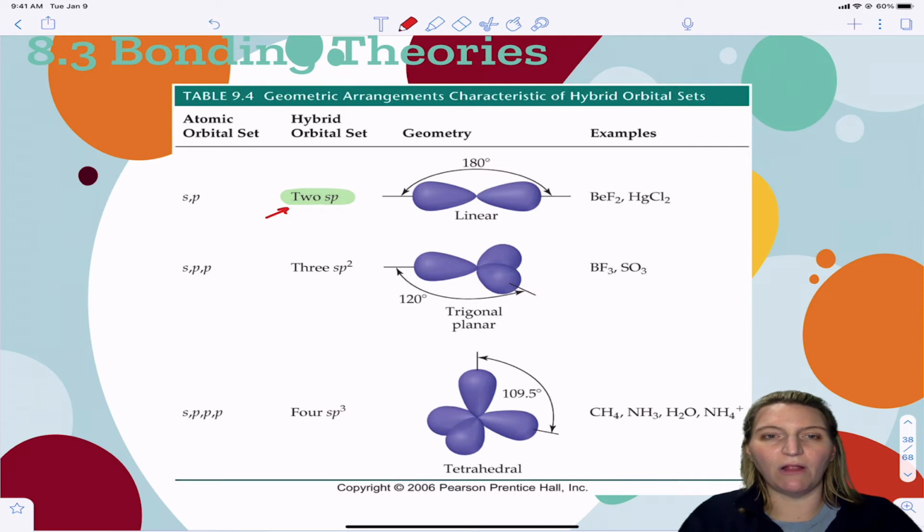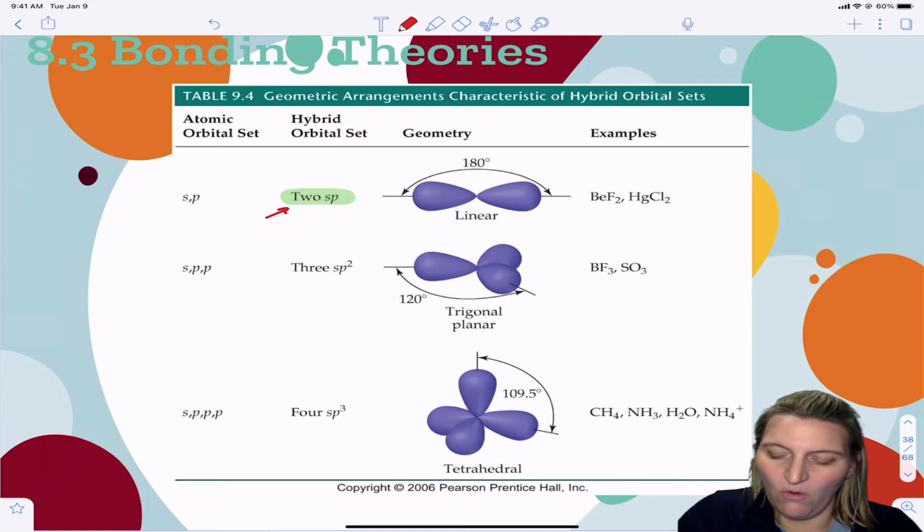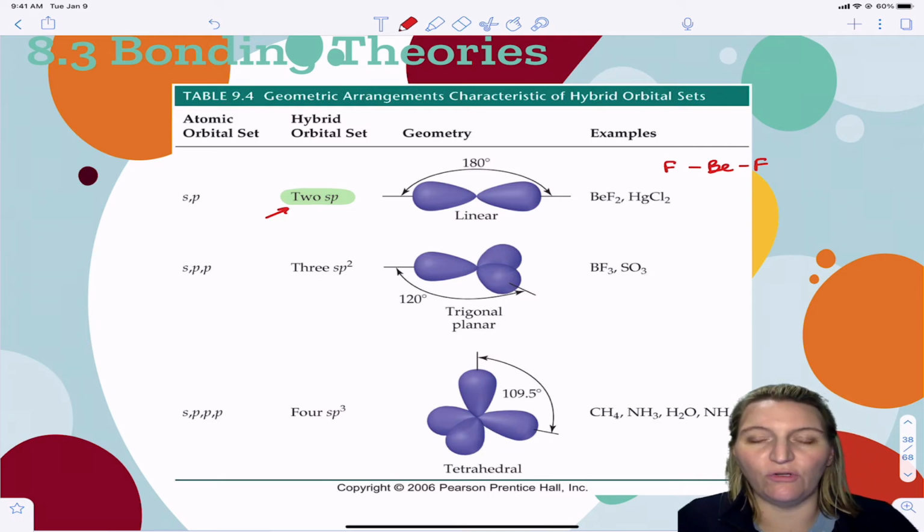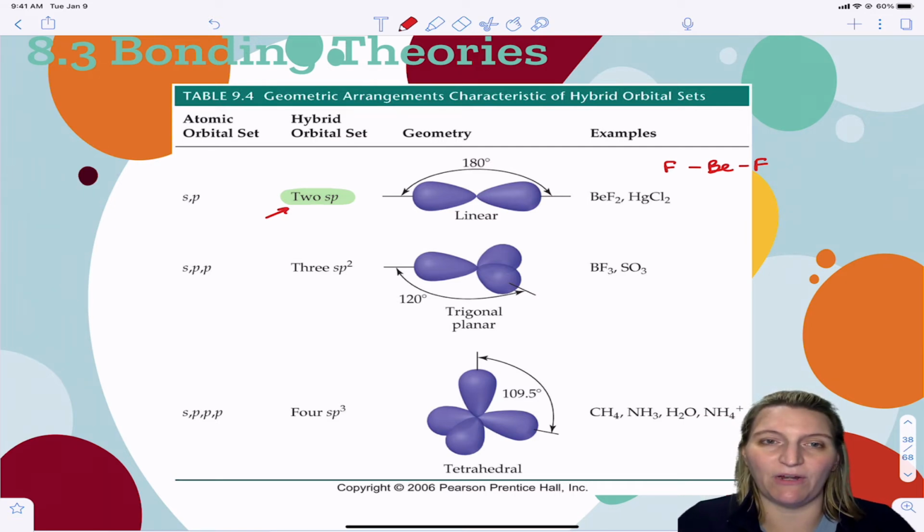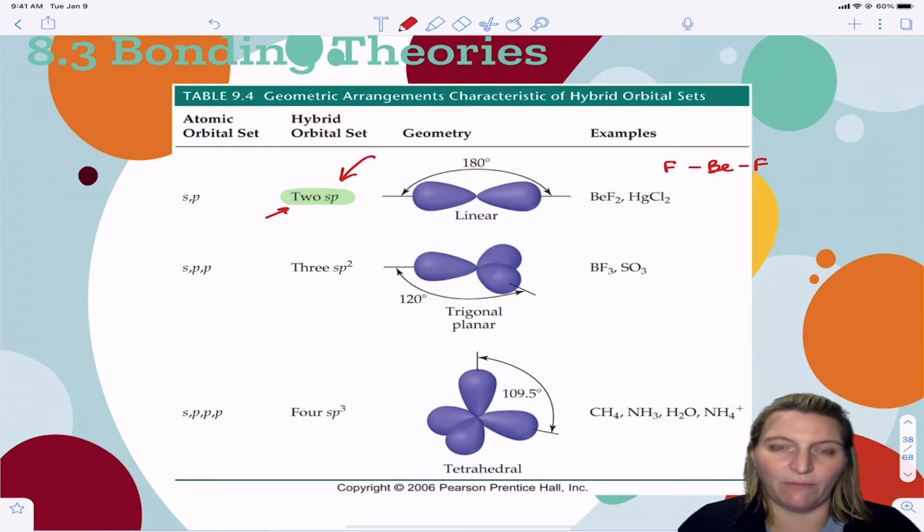This occurs in molecules where the Lewis dot structure just has 2, we're going to call them electron domains, something like BeF2. See how coming off of that central atom, there's only 2 bonds? That means that those 2 bonds need to be identical, so they must be sp hybridized. So the number of electron domains, or the number of bonds, is going to help you figure out what the hybridization is.